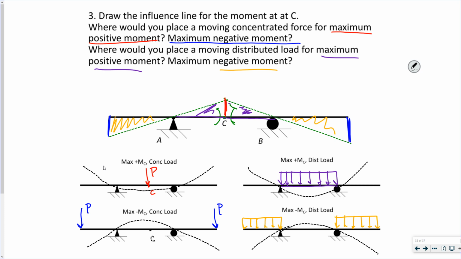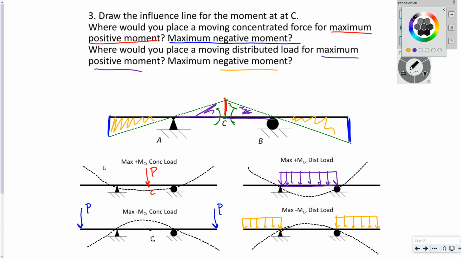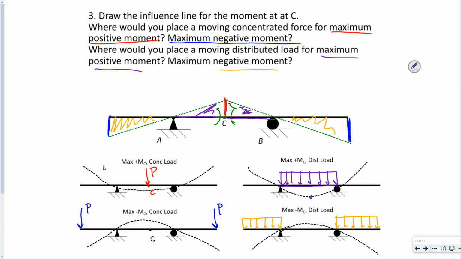Because then now I can use this loading to find my design moment for my moment at C.